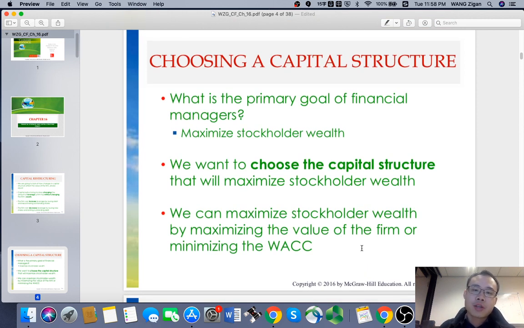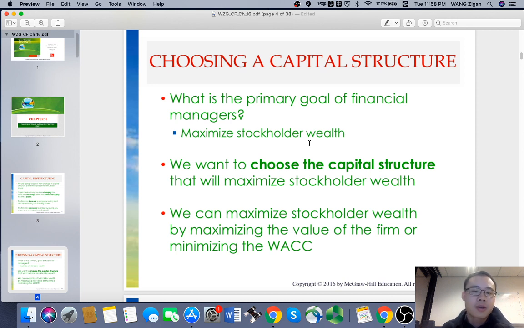And then the question is how to choose a capital structure, and what is the primary goal of financial managers. In any Anglo-Saxon culture textbooks, it's about maximizing the stockholder wealth. Although I do not personally fully agree with this, this is how the textbook writes about it. And when you write academic papers or take the exam, you should just remember this.